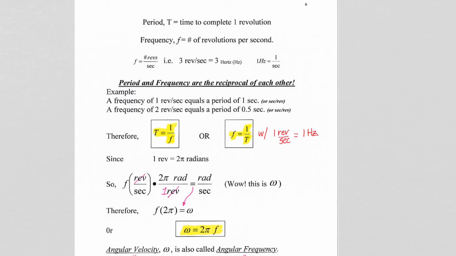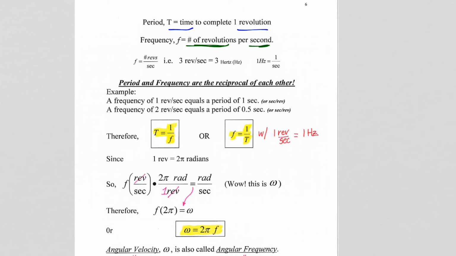So period is time, one revolution. Frequency is the number of revolutions per second, and revolution is a word, not a unit, so they could use revolutions or cycles per second, you'll see sometimes as well.